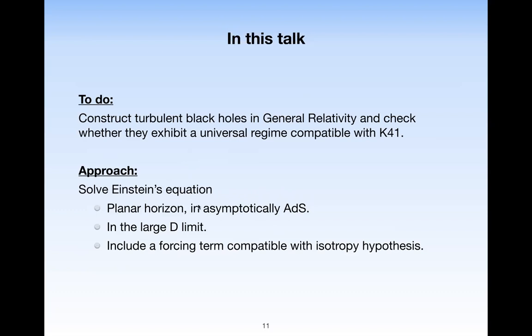And in order to simplify things a bit more, we will take advantage of the large D limit. Essentially, what one does here is to treat the number of dimensions as a parameter in the theory and do a perturbative expansion in 1 over the number of dimensions as this D goes to infinity. And this not only simplifies the dynamics tremendously, but it also buys us this connection between the metric components and the fluid variables. So this will be particularly useful.